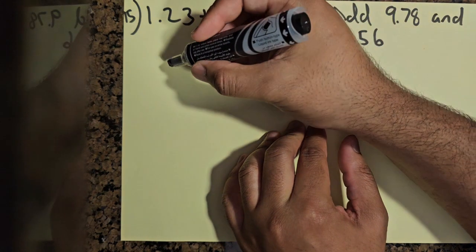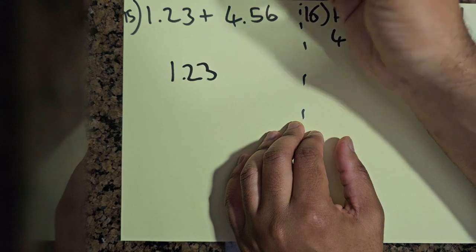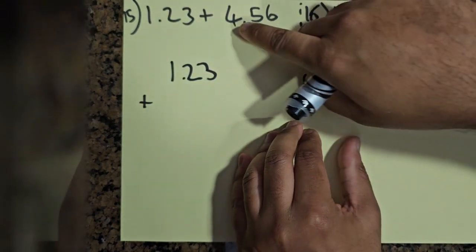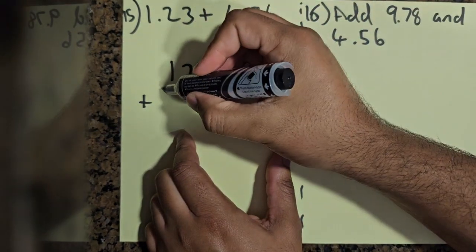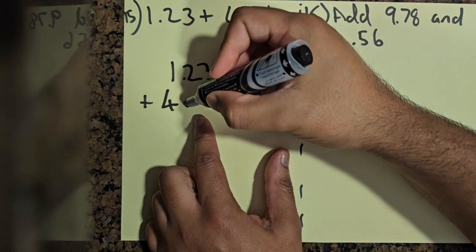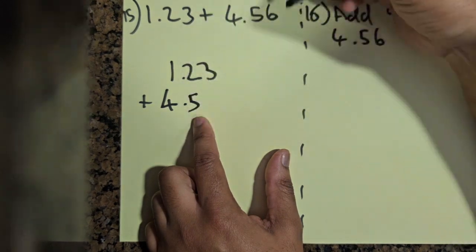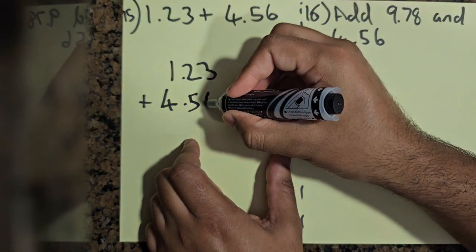So if we write 1.23, when I add, so this is a whole number 4 over here, so I'm going to put that directly under the 1. There's a decimal over here, put the decimal directly underneath, and we've got 5 under the 2 and 6 under that 3 over there.